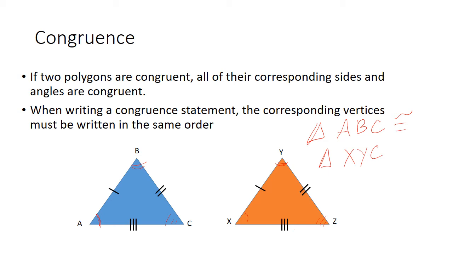So if it's ABC, then it has to be XYZ. Now, if we had written that first one as BAC, then we would need to say that it corresponds with YXZ. Do you see? They have to be in the same order because B is associated with Y, A with X, and C with Z.